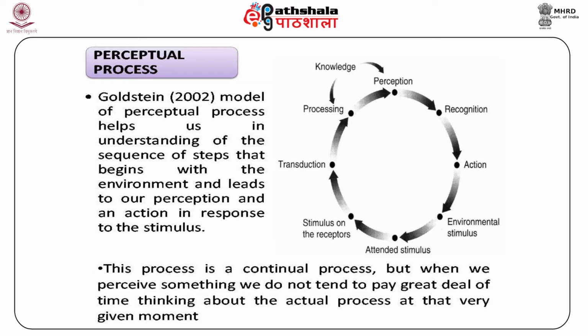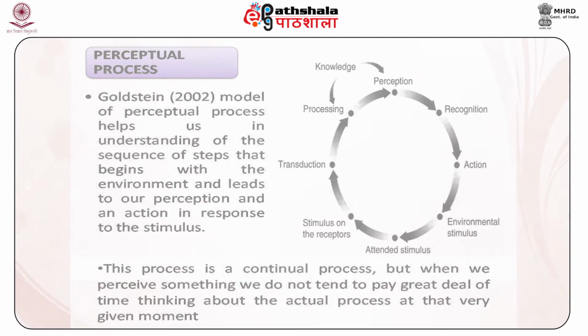This process is shown in a diagram which explains the continual perceptual process: the environment and stimulus, the attended stimulus which you are focusing on, the stimulus on the receptors, transduction, and processing, which further leads to perception. The knowledge from processing also leads to perception, along with recognition and action.